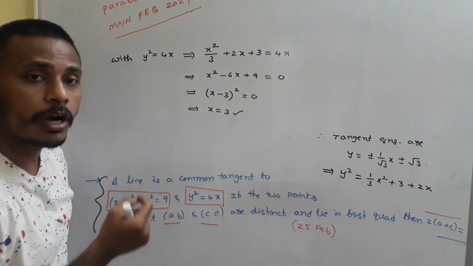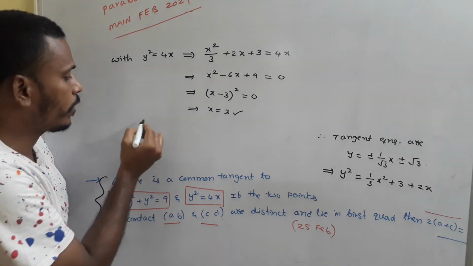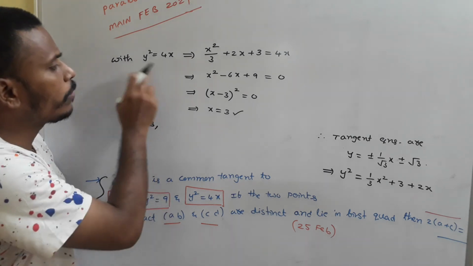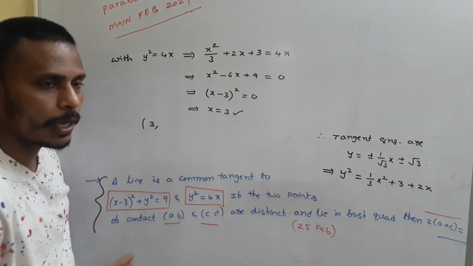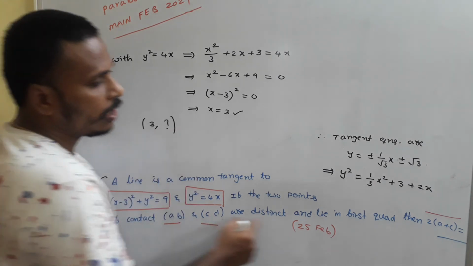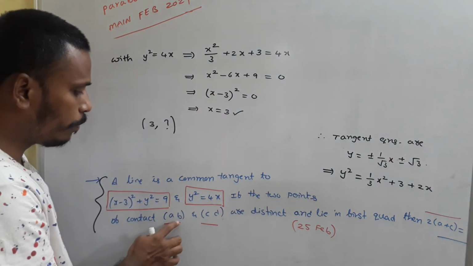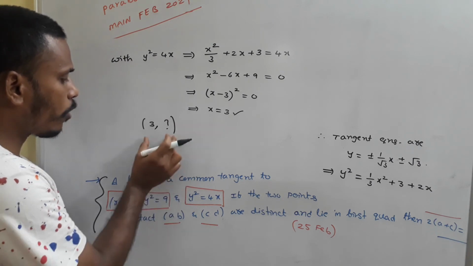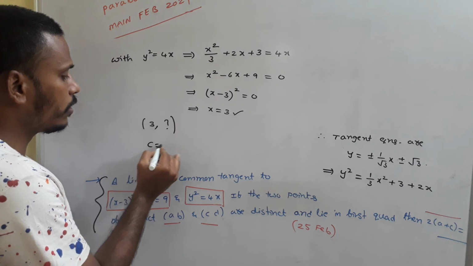The point of contact of the tangent with the parabola is 3 comma some y coordinate. If you replace x with 3, 4 times 3 is 12, and from there you would get y, but I don't need the y coordinate. Why? Because a, b and c, d, we need to compute 2 times a plus c, so just x is enough for me, no need for b and d. So the x coordinate is 3. Comparing with c, d, since the second equation is the parabola, c equals 3.